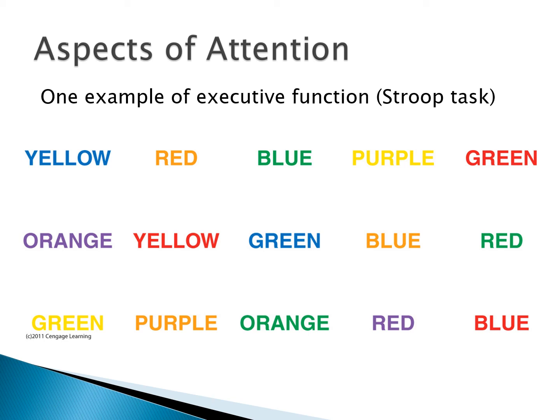What's happening when you are inhibiting that automatic response of saying the color name, so the word, you are using your dorsolateral prefrontal cortex, and this prefrontal cortex is particularly damaged in people who have attention deficit hyperactivity disorder. So that's why it runs in my family, and that's why I have this.